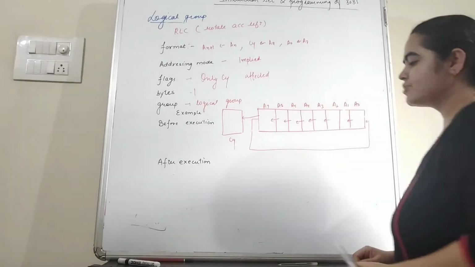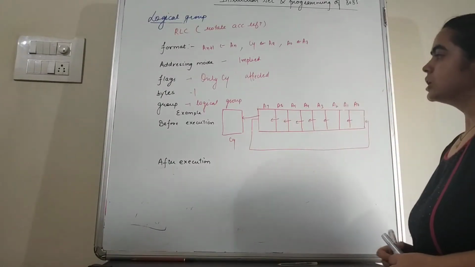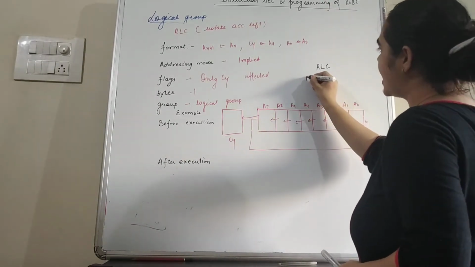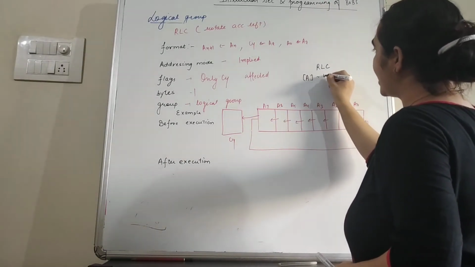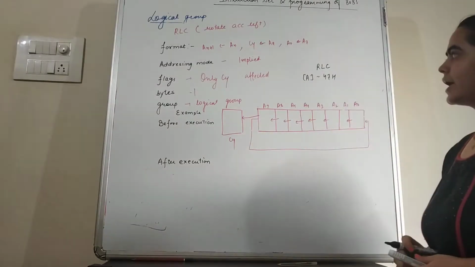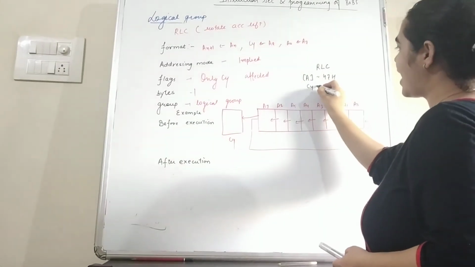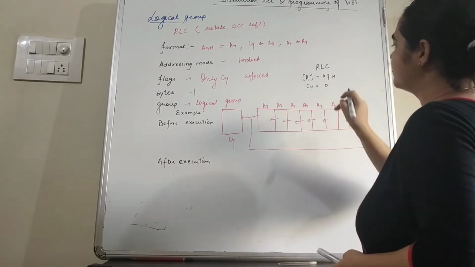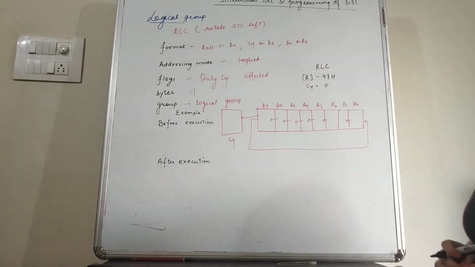Now we can see it with the help of an example, students. Suppose we have the instruction RLC, and in the accumulator we have the contents 47H, and in the carry flag initially we have the value 0.